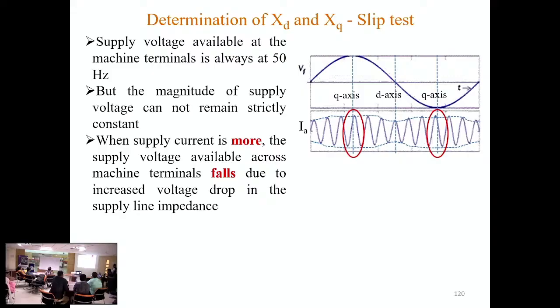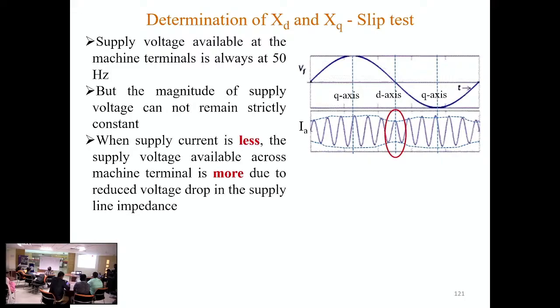And along the D axis, current is less, voltage drop is less, so voltmeter reading will be more.